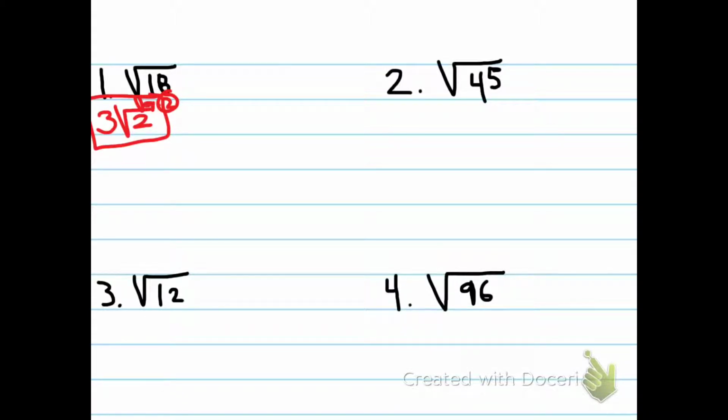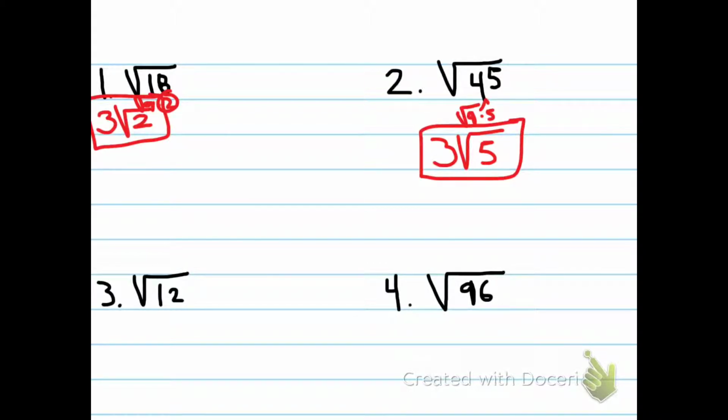For 45, a factor pair that has a perfect square in it is 9 times 5. The square root of 9 is 3, so you put 3 on the outside and keep 5 on the inside. So your answer is 3 root 5.